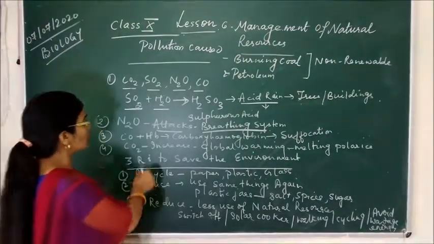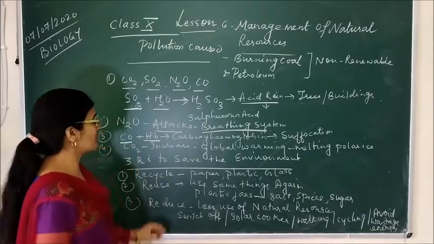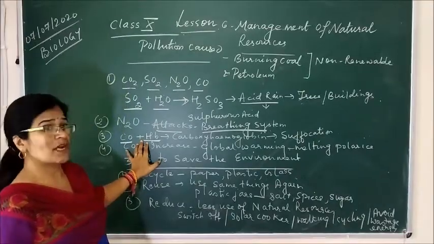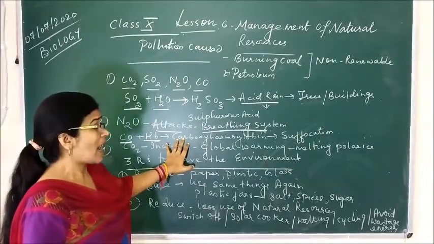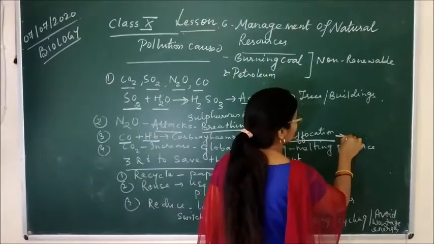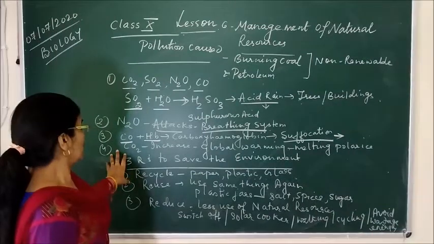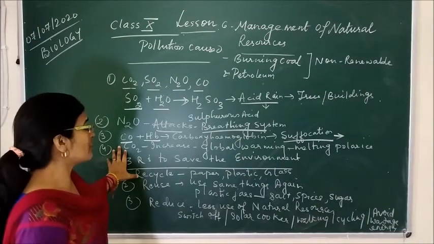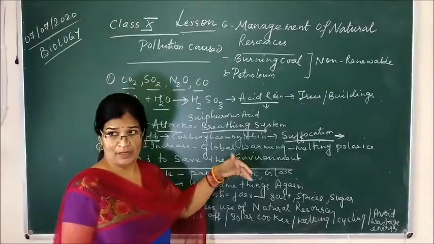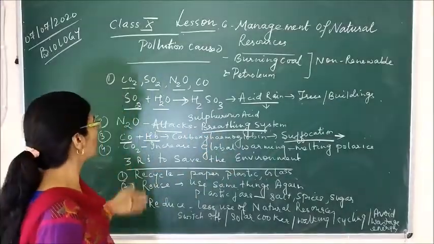Besides this, carbon monoxide, when it comes in contact with the hemoglobin in our body, forms carboxyhemoglobin, which causes suffocation, meaning we are unable to breathe properly, and this can affect our health. Even a person can die due to inhalation of excess carbon monoxide.